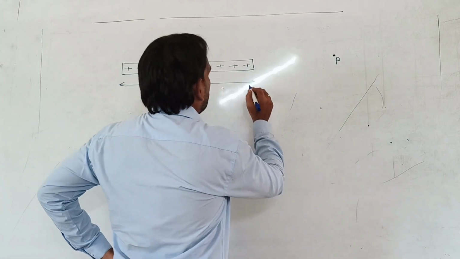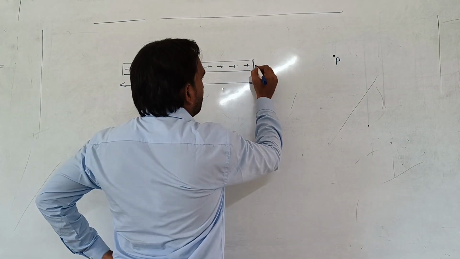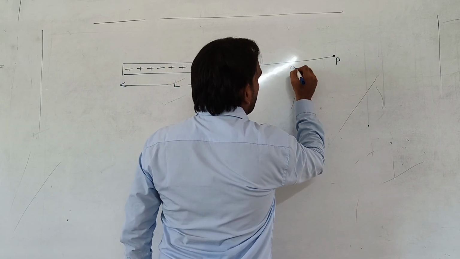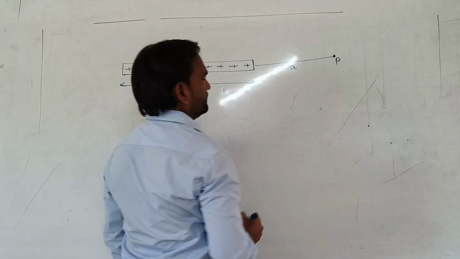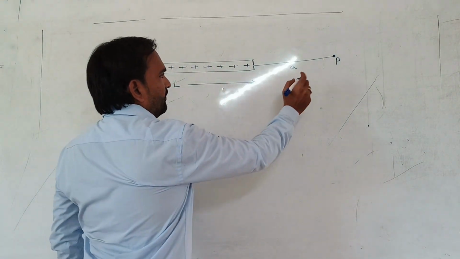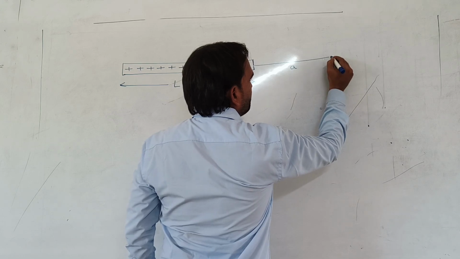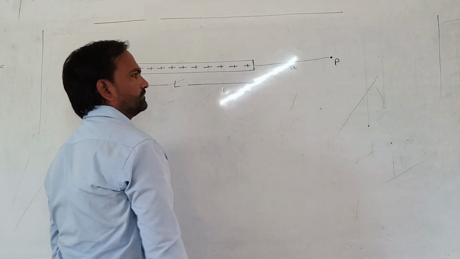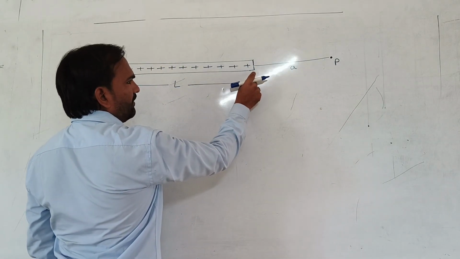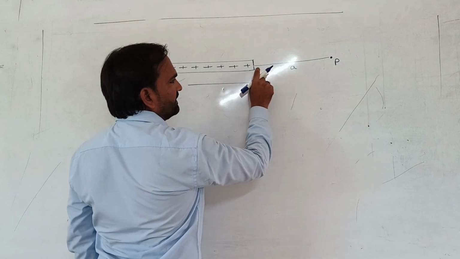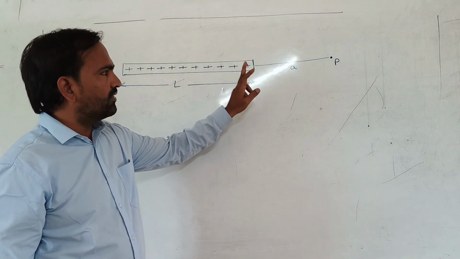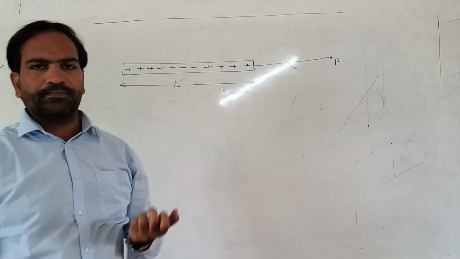For example, from one end of this rod, at a distance A, we take this point P. We find the electric field at point P. The distance between point P and one end of the rod is A.